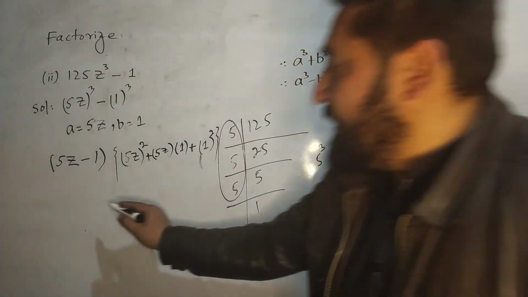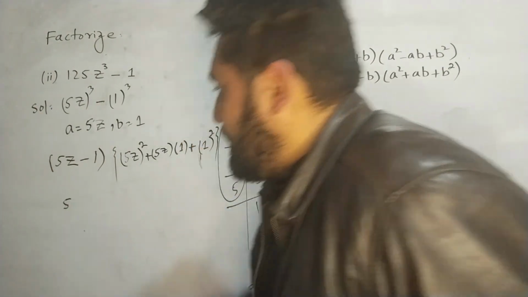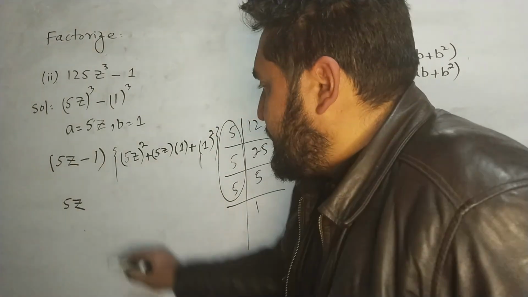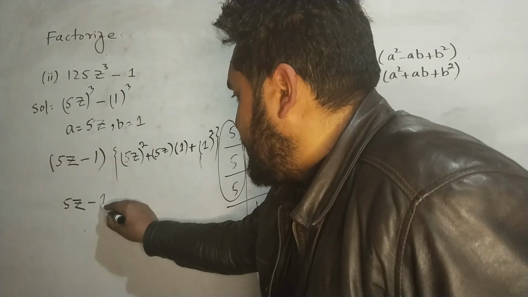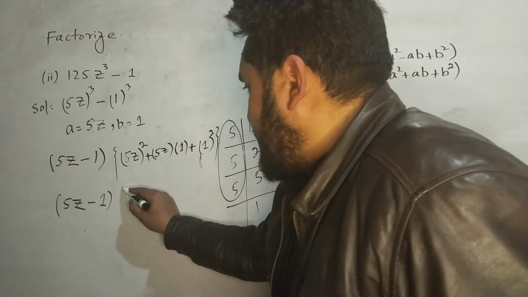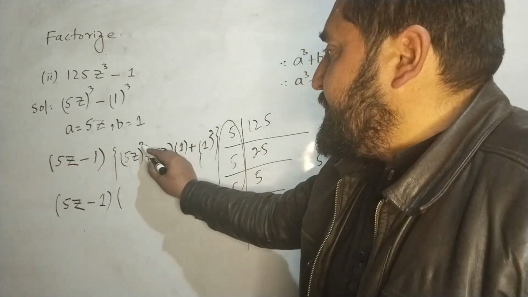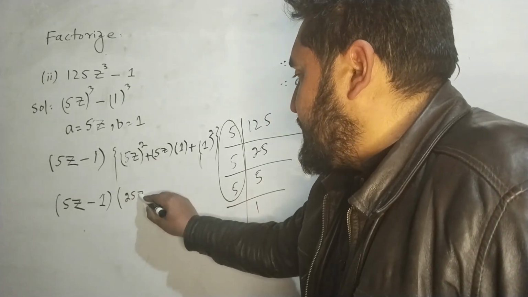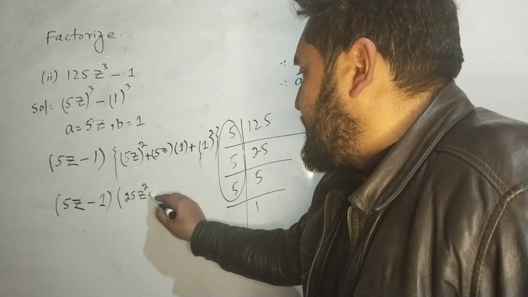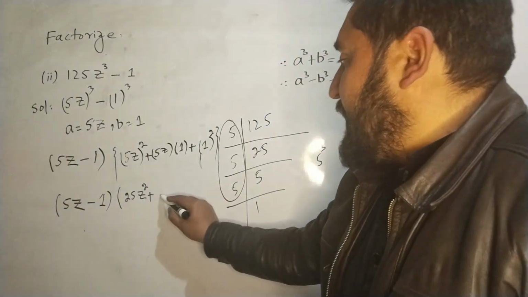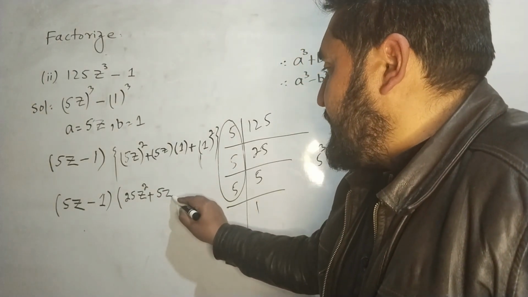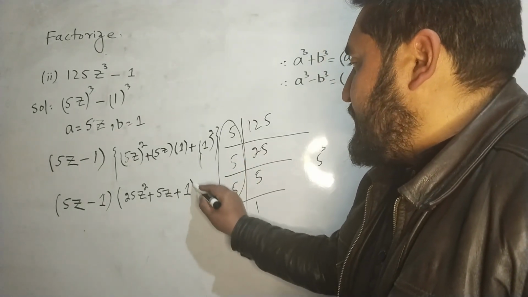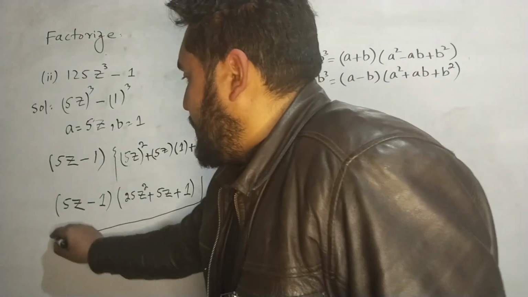So we just simplify it. After simplification we get the final result. So this is 5z minus 1 into 5 square means 25, 5z square means z square, plus 5z multiplied by 1 is 5z, plus 1 square is 1. So this is our final result.